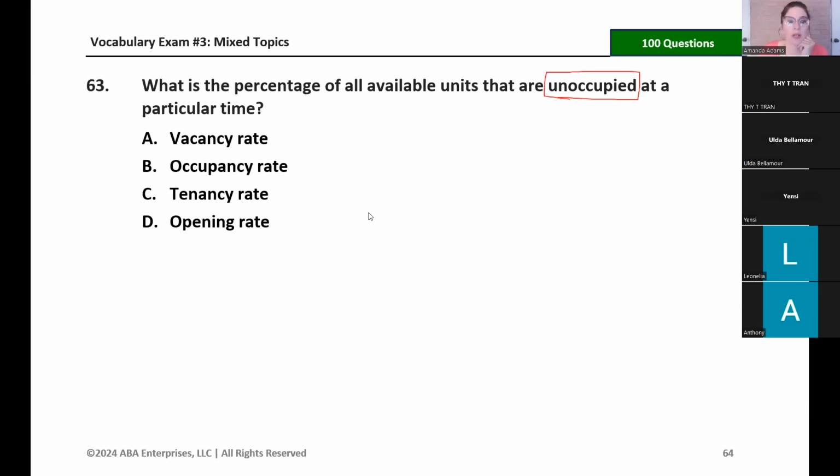That would be your A, vacancy rate. Vacancy rate, okay? So what would be the opposite of a vacancy rate? Vacancy rate is unoccupied. So what would be a rate that shows the percentage of units that are occupied? That would be your occupancy rate. Very good.